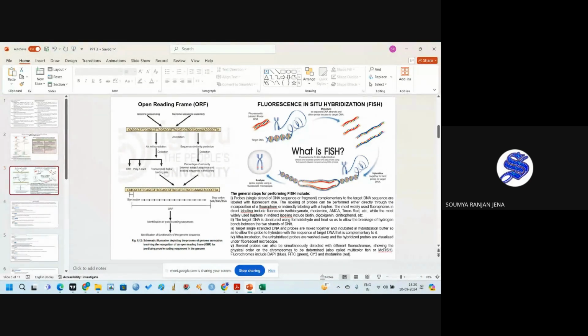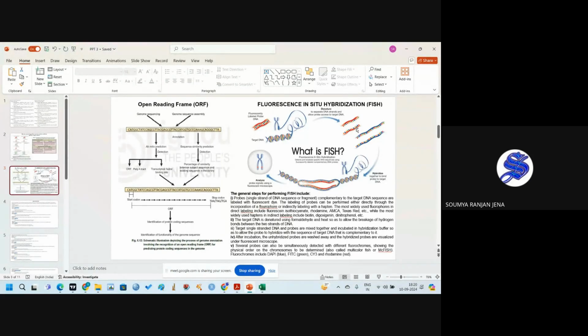Then the target single-stranded DNA and probe are mixed together and incubated in hybridization buffer, so as to allow the probe to hybridize with the sequence of target DNA that is complementary to it. After incubation, the unhybridized probes are washed away and hybridized probes are visualized under a fluorescence microscope.